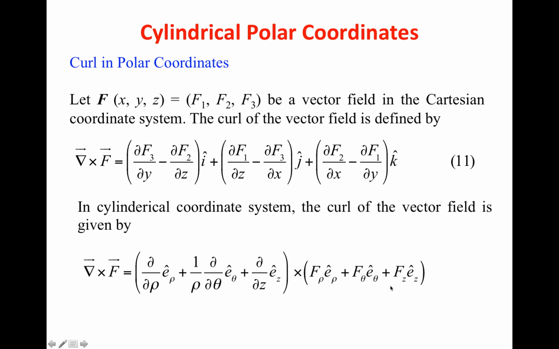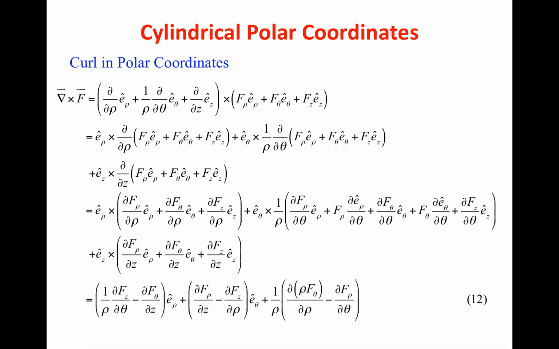I go about it in a similar fashion as we did for the divergence, except now the dot product gets replaced by the cross product, and remember again that these vectors are orthogonal. So, the cross product of E rho cap with E rho cap is going to be 0, the cross product of E rho cap with E theta cap is going to be my E z cap, whereas if I have E theta cap cross E rho cap it will be minus E z cap.